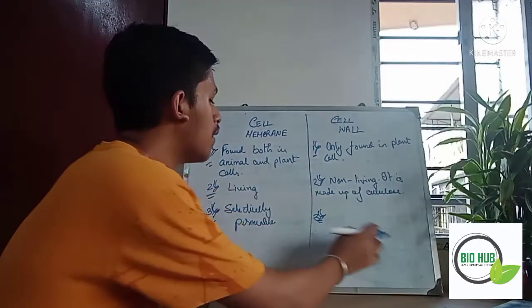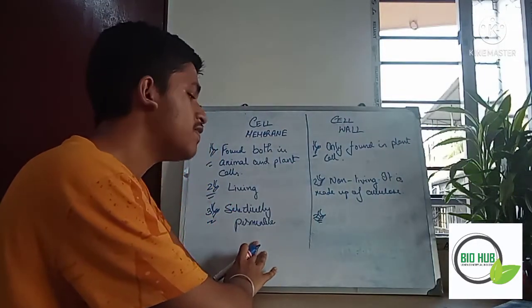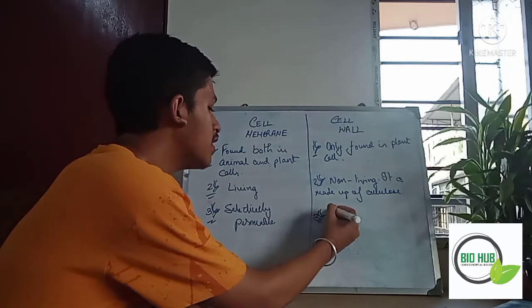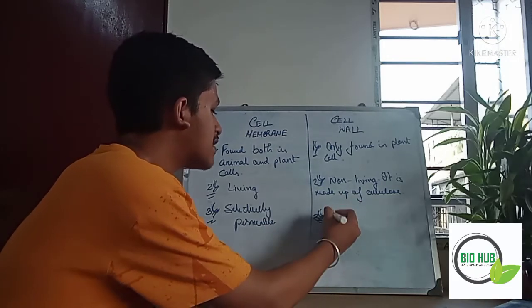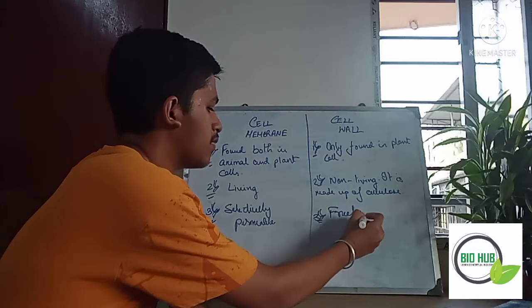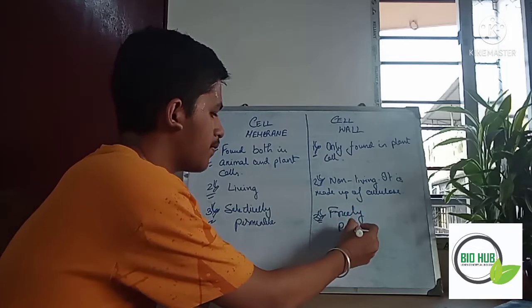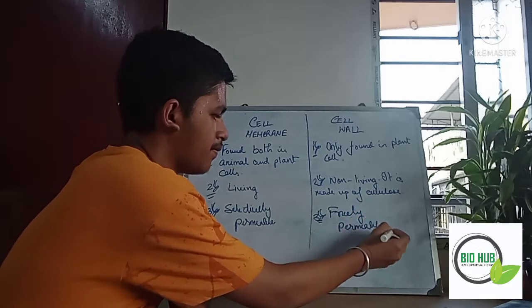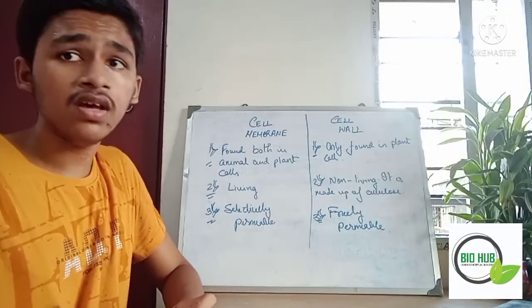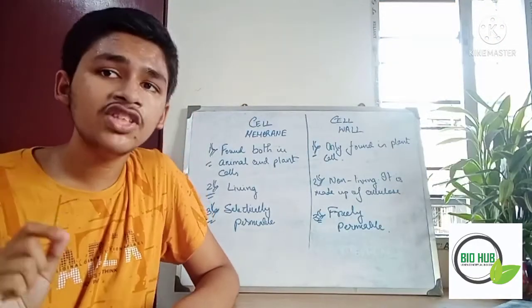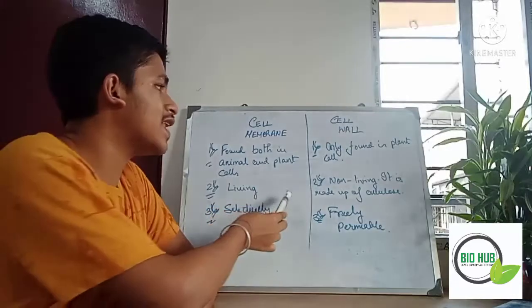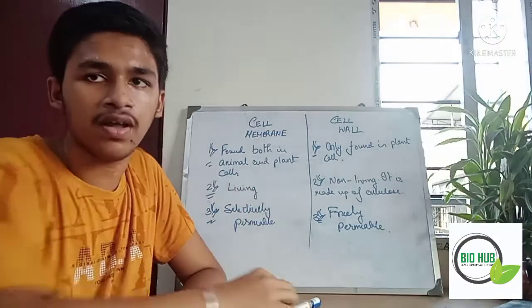The cell membrane is selectively permeable and the cell wall is freely permeable. So these were the main differences between the cell membrane and the cell wall.